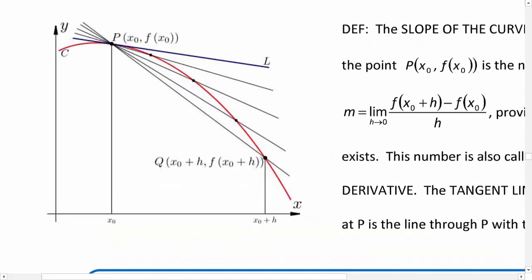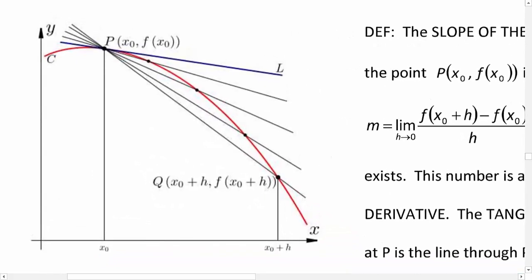So I want to look at this diagram here and talk about why this makes sense. So we've already established that the slope of our secant line is this f of x sub 0 plus h minus f of x sub 0 all over h. So here's our first point, x sub 0.